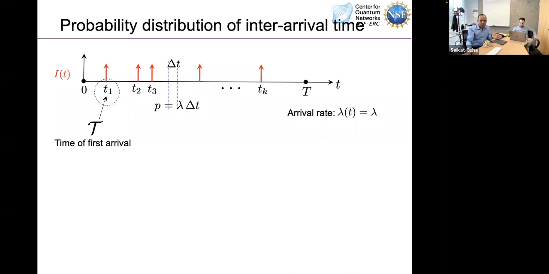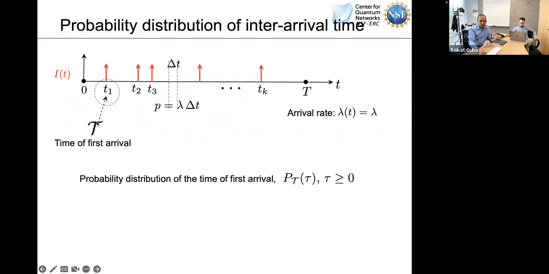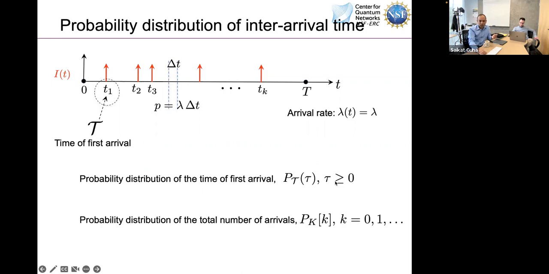And I'm going to denote that by a random variable, capital tau. And we'll be interested in deriving the probability distribution of that first arrival. And obviously, since it's a probability distribution, this has to integrate to 1 from tau going from 0 to infinity.